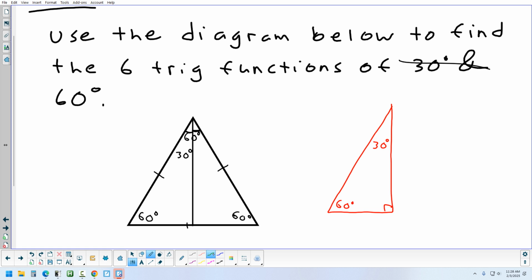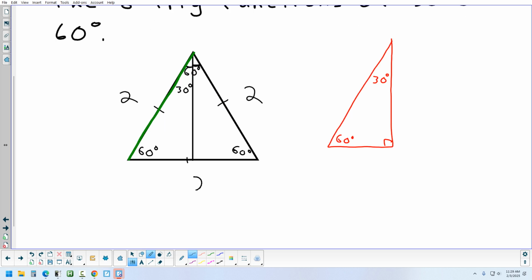What would be a good number for the length of that side? I would pick a 2 this time. Because if that's a 2, and that's a 2, and that's a 2, we know that this bottom part is congruent. This piece is exactly the same as that piece. So how long is this piece on the bottom?